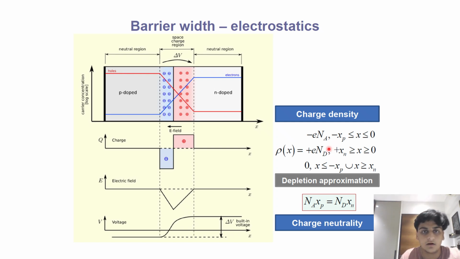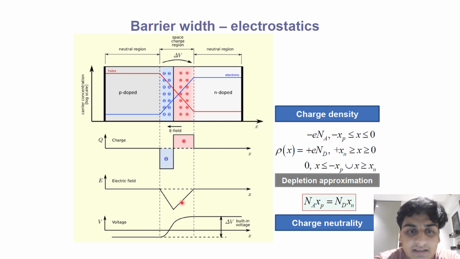Now, by the way, don't get confused by this diagram. Don't worry, I'll explain it all in due course of time. So that's this depletion approximation. What we need to do now is write this electric field. The way I'm going to do that is I'm going to first convince you of the charge density expression, and then using Gauss's law, I will relate the charge density to the electric field.